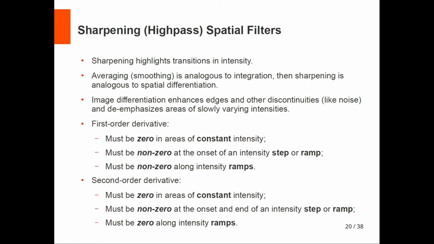It is non-zero at the onset of an intensity step or ramp, and it must be non-zero along intensity ramps. As for the second order derivative, it must be 0 in areas of constant intensity. It also must be 0 along intensity ramps, but it must be non-zero at the onset and end of an intensity step or ramp.